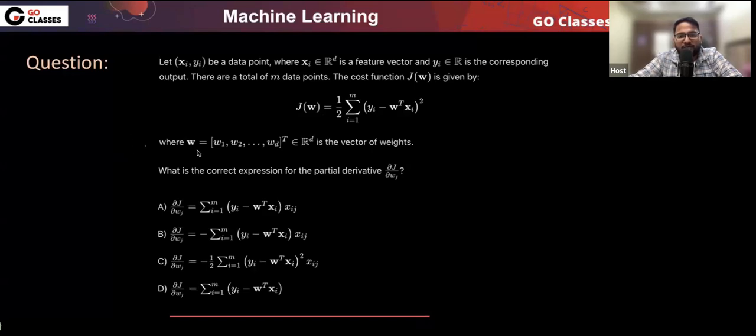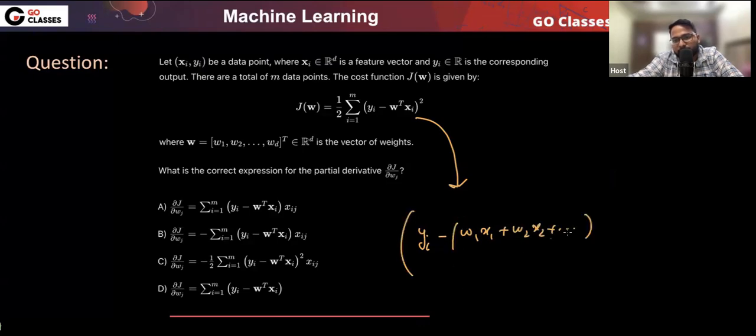Now they are asking, if you differentiate this with respect to wj, what is the correct expression for the partial derivative? Can you write it like this: yi minus w1 x1 plus w2 x2 plus w3 x3, like this, whole square.